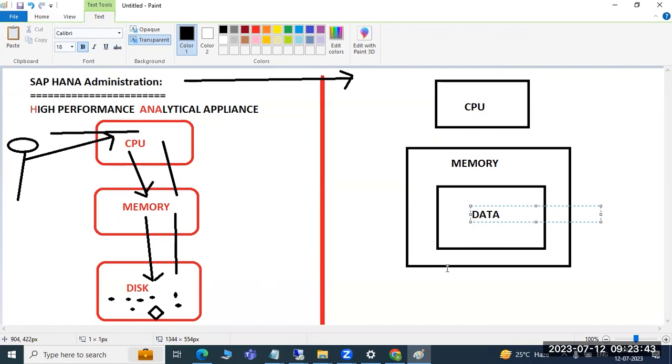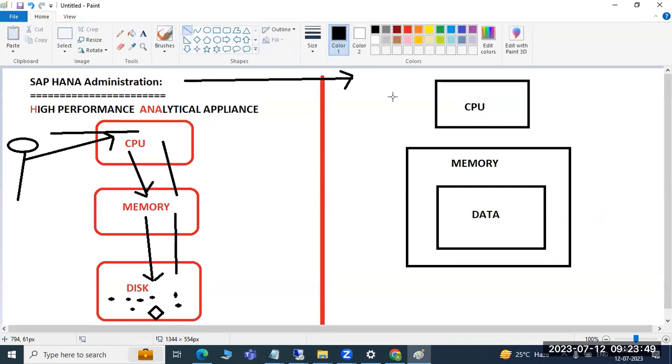So whenever you give a request in the HANA database, the CPU takes it, goes to the main memory, the data itself is available in the main memory, and immediately it gives the response back to the user.